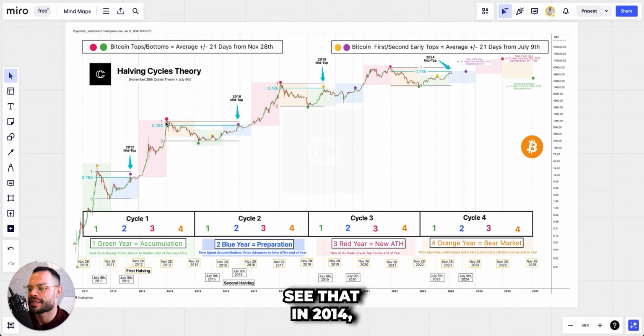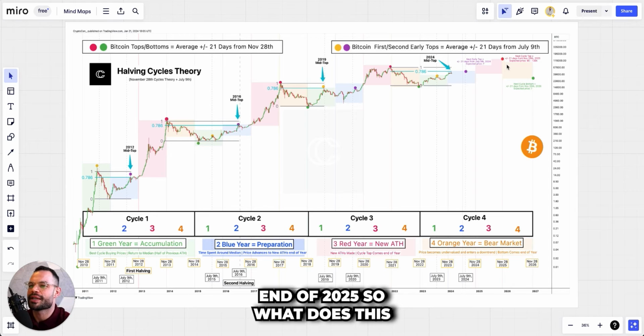Obviously we see that in 2014, seeing that cool-off happening again in 2018, and again in 2022, and again what we expect to see happening in 2026, after the peak of the next bull market towards the end of 2025.